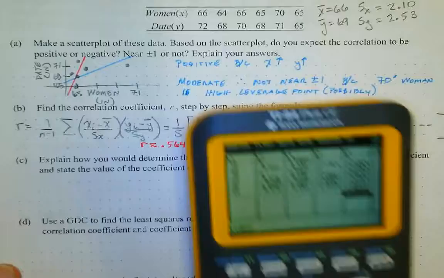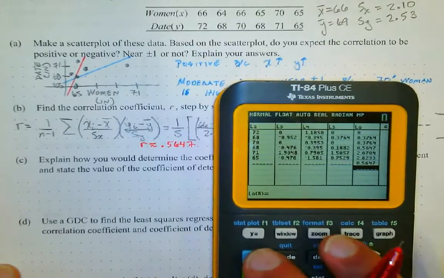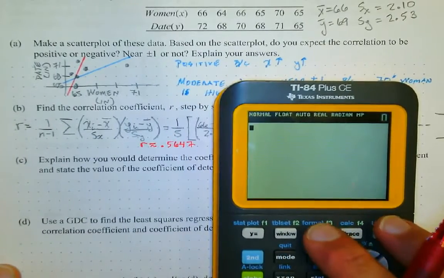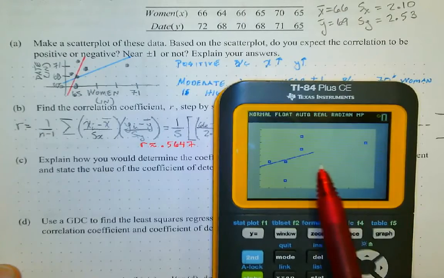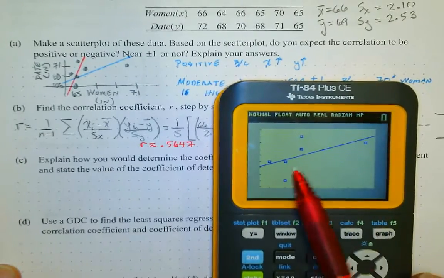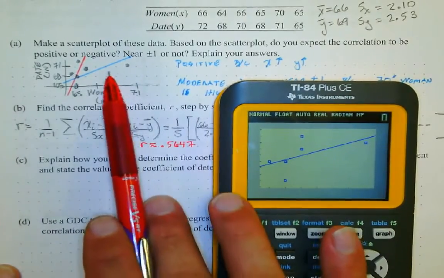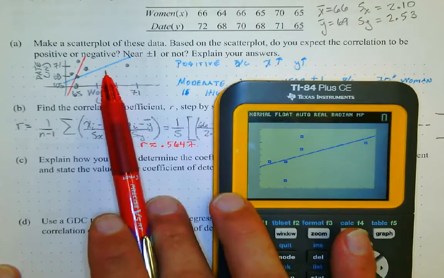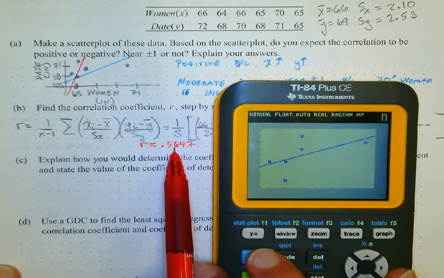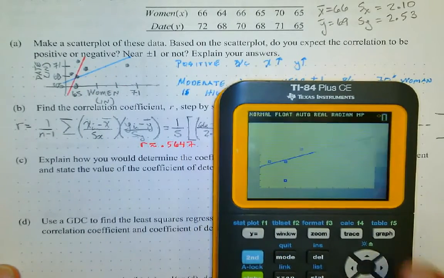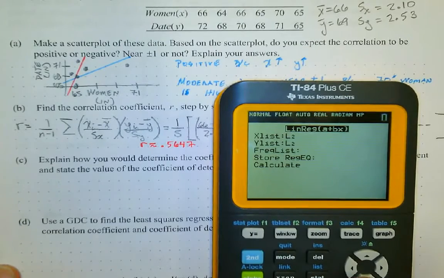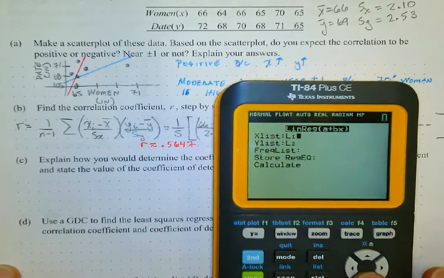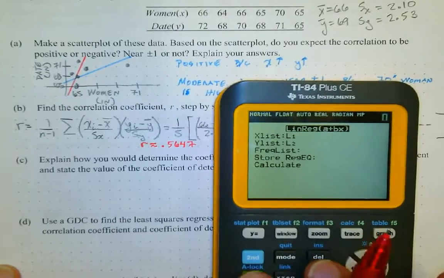Now I can of course check and double check it. I've already put my information in and set up my regression line, and I can see that this does match what my initial was. We said a moderate relationship. Well, I can go stat, calculate 8 for that linear regression. My X list is in L1, the Y list is in L2.